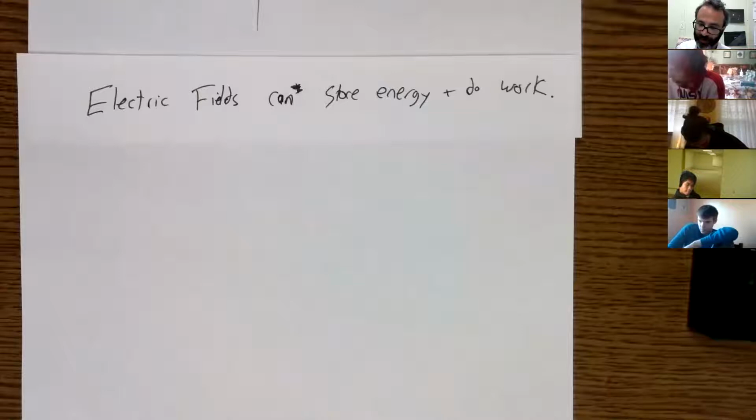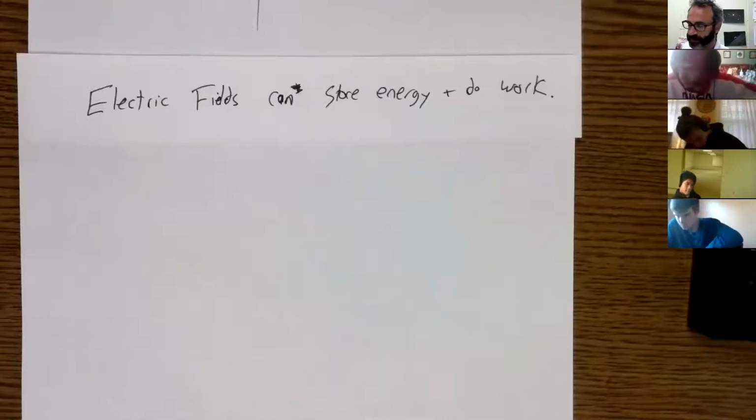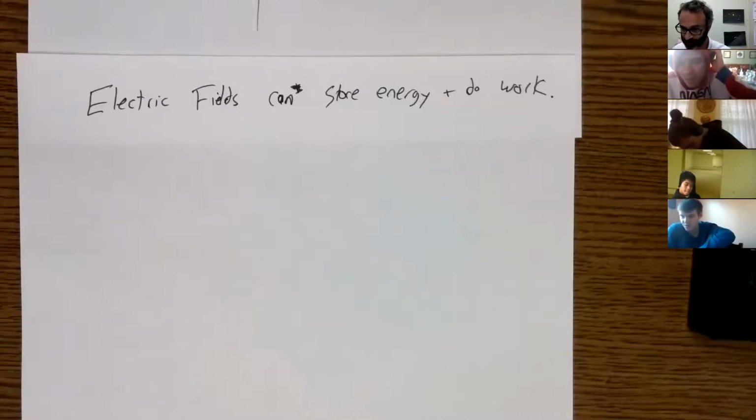So if there's a positive charge sitting there and I've nailed the positive charge down to the table, and then I take another positive charge and put it nearby, the energy that's stored in that electric field is going to turn into the kinetic energy of that second charge. It's going to shoot off and be repelled. So that's what we mean by the fields can store energy and do work.